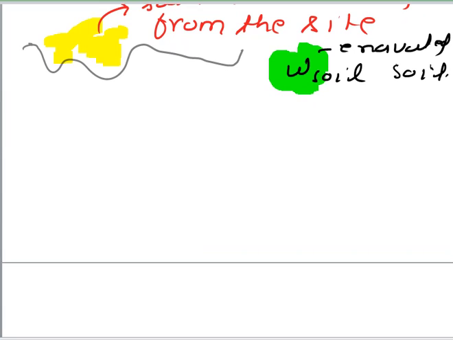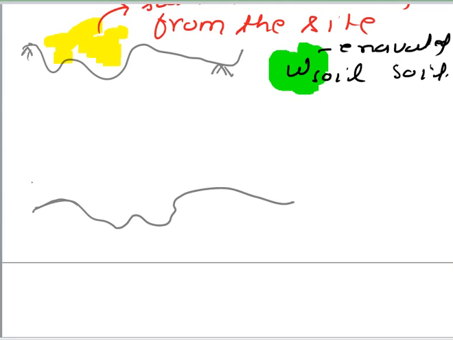Now what we are left with on site is the empty space.